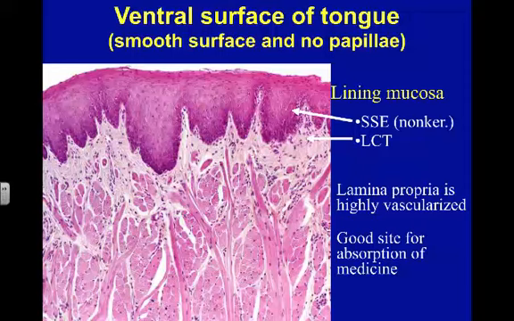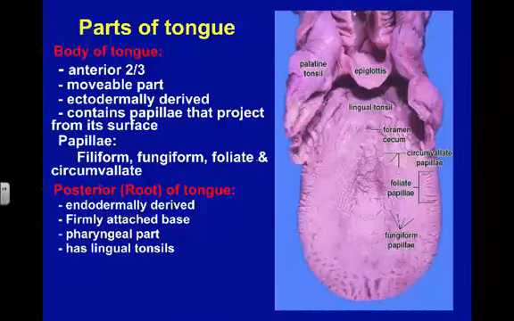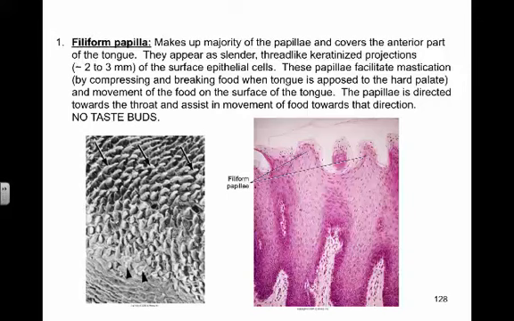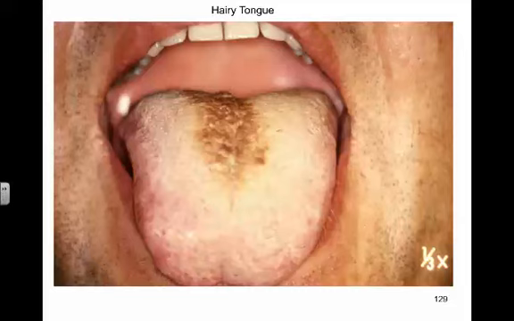That's really where we do the major absorption for sublingual, under-the-tongue absorption. Filiform papillae make up the majority and the non-taste portion of the tongue. They are pointy, as you can see, to force the food backwards and to break the food up when you compress it against the hard palate.